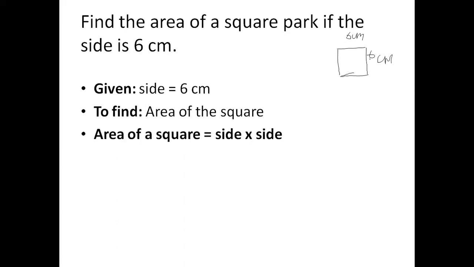For that, we will write the formula of the area of a square, which is side multiplied by side. One side is given as 6 centimeters. So 6 centimeters into 6 centimeters.